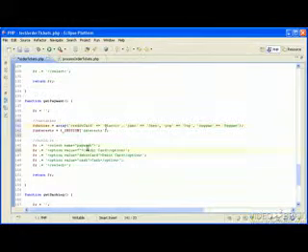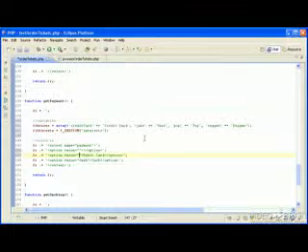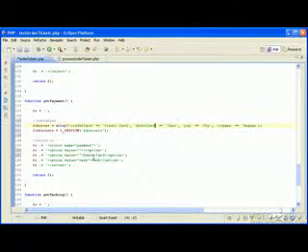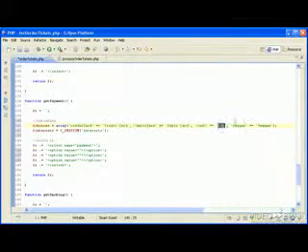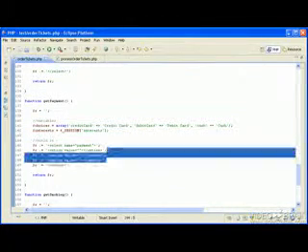Credit card, debit card, cash. Don't need reggae anymore. So we'll keep one of those.